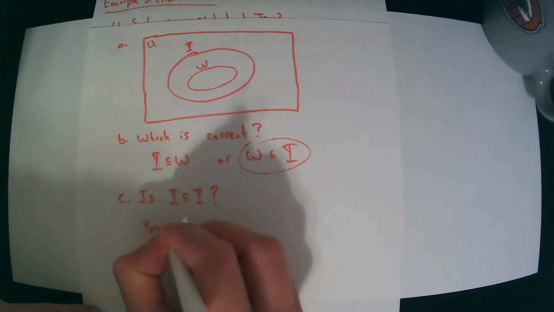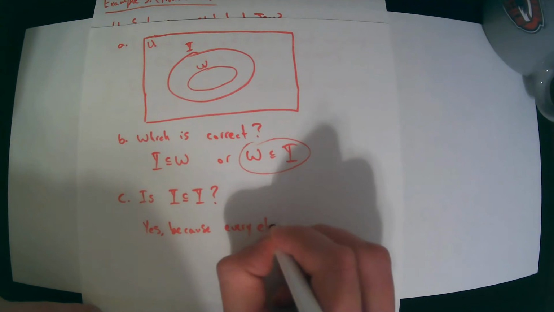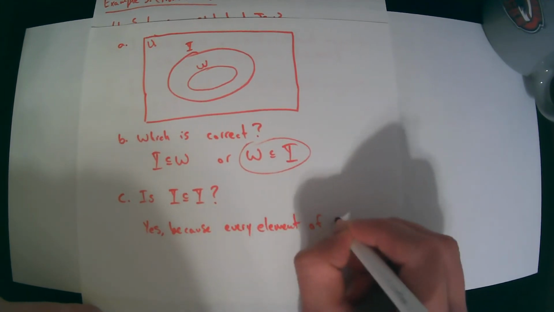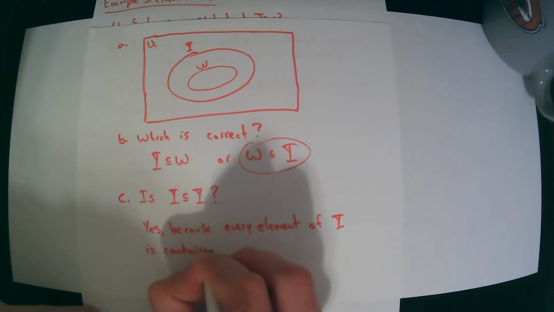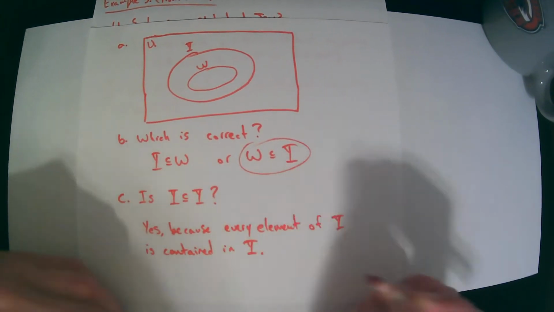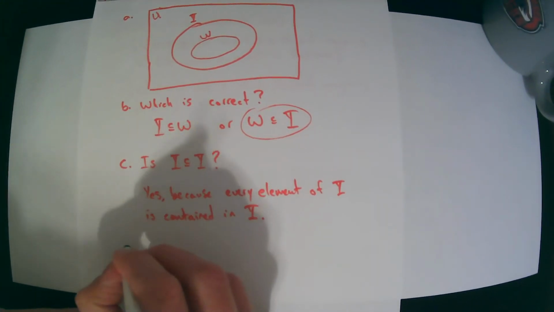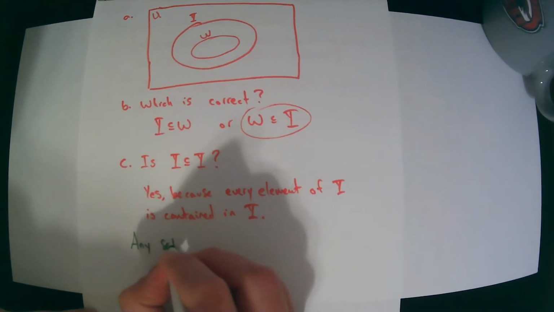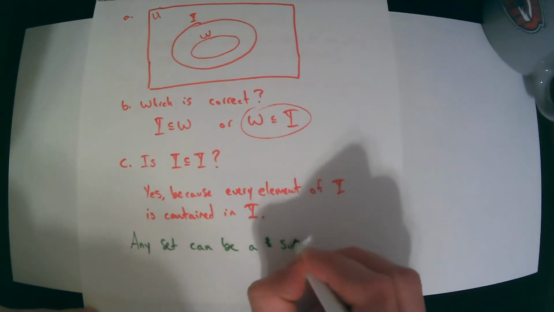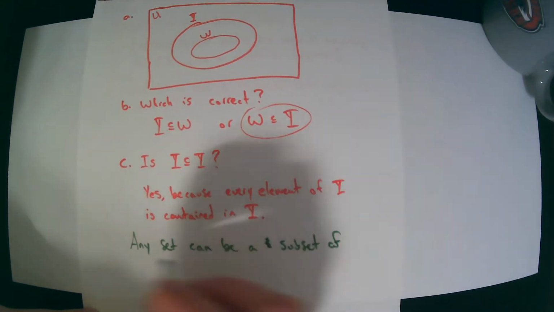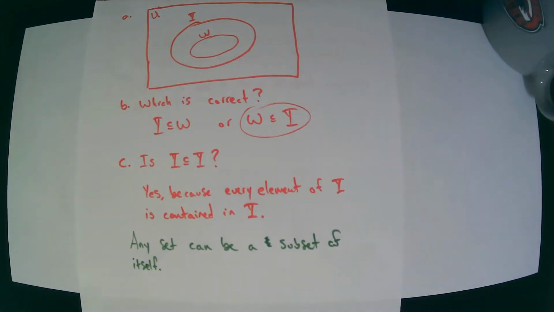Yes, because every element of Y is contained in Y, of course. Now, this is an important fact because what does this mean? Any set can be a subset of itself. It's just kind of a technicality. Any set can be a subset of itself.